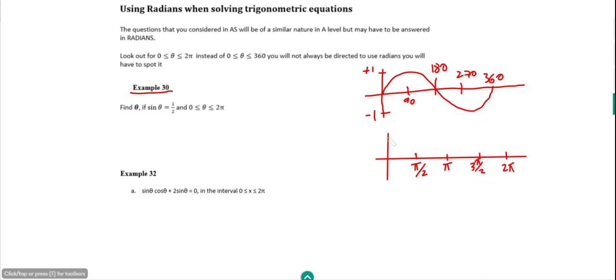So we can draw the graph, which again goes between plus and minus 1. It's just that we're measuring the angle in radians, but actually the size of sine of the angle still goes between plus and minus 1. So we can mark these points on here and draw the same graph.